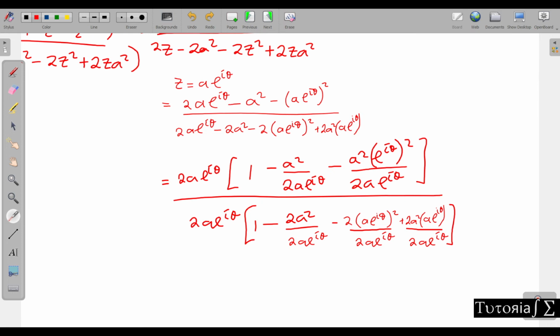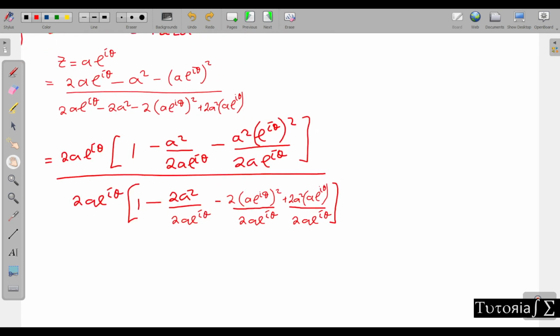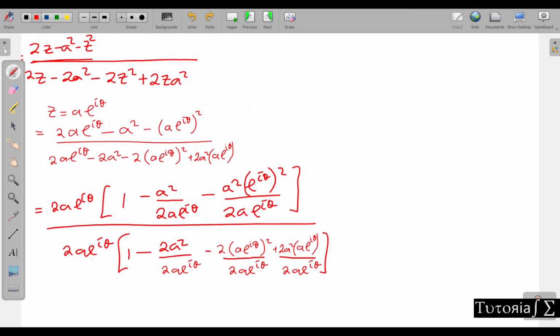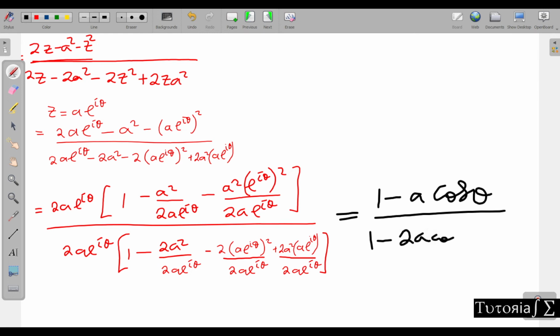Right, so this is how you do it. So you factor out 2a e to the I theta. Now, why have we factored out 2a e to the I theta? The idea is this. When we check what we are trying to solve, we're trying to show that this is equal to 1 minus a cos theta all over 1 minus 2a cos theta plus a squared.